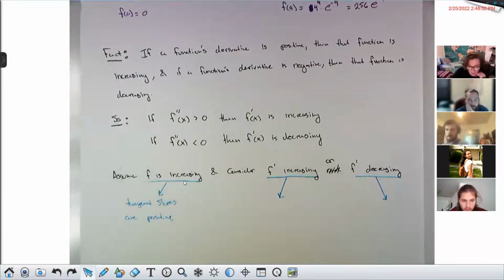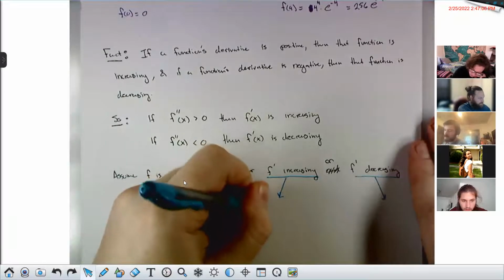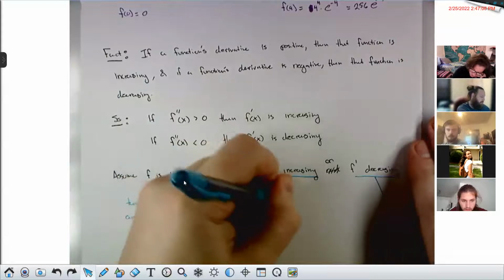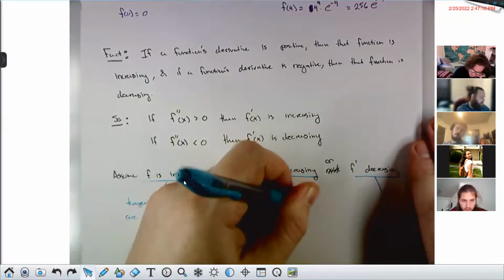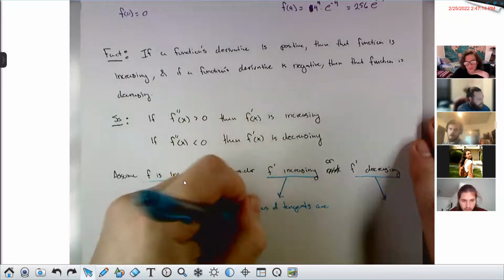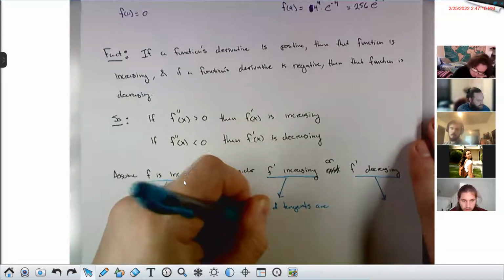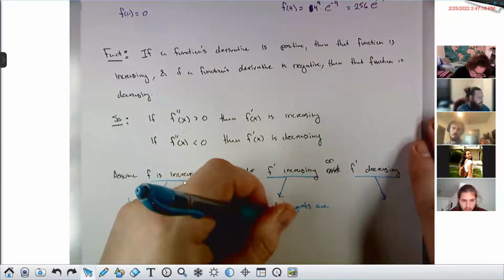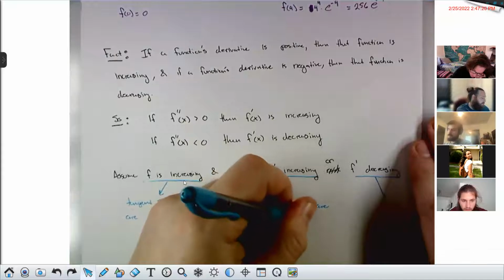If f prime tells you the slope of the tangent line, and f prime is itself increasing, that means the slopes of the tangents are getting steeper. The slopes of the tangents are themselves increasing.